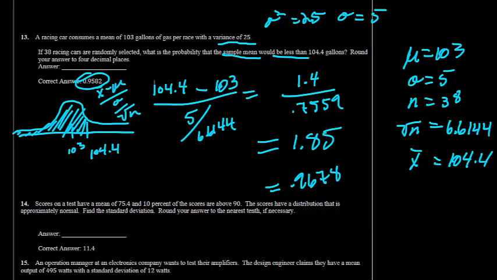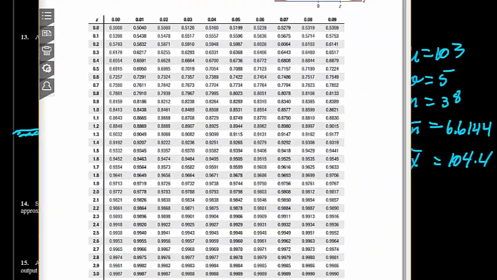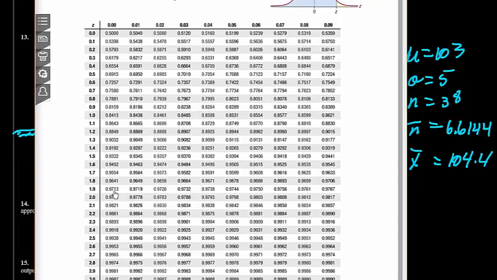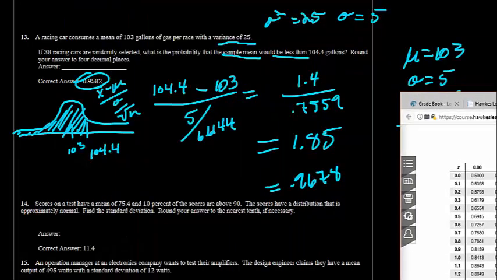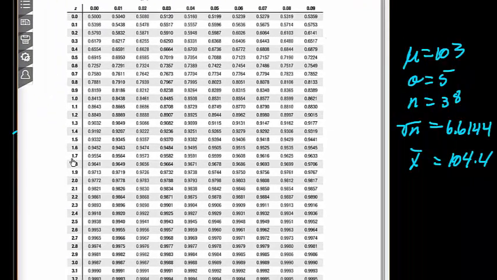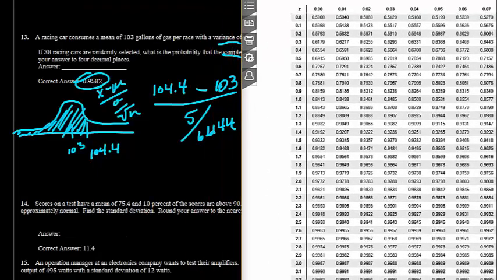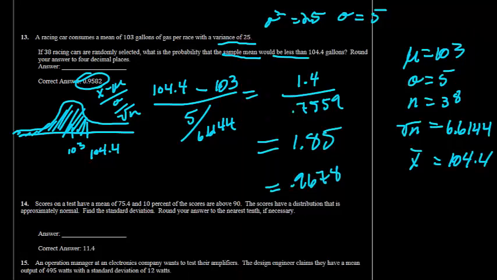Let's see what happened here. Do we have a 0.9582 somewhere really close? What is our z? 1.85, 0.9678. That's not right. 0.9582 puts us at 1.73.